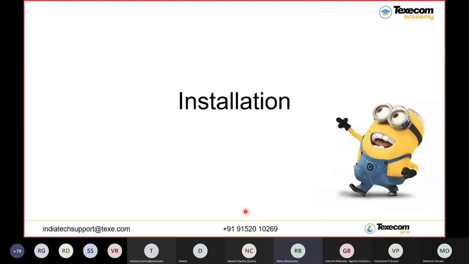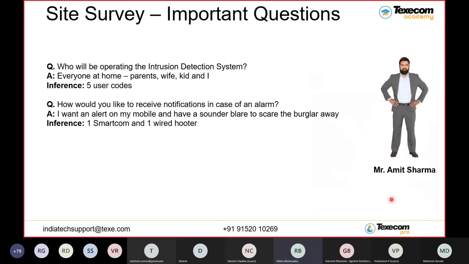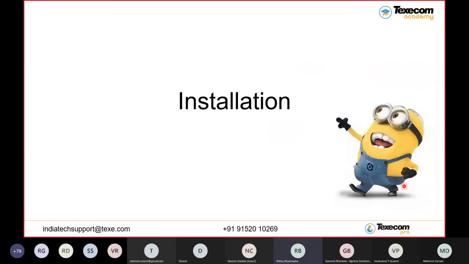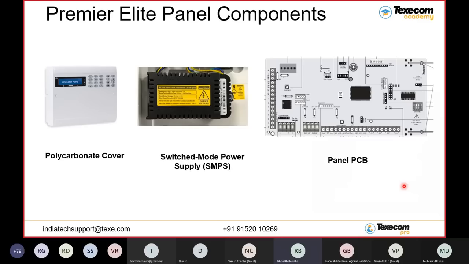So the site survey is done. The second important part is called installation, because after the site survey, we have concluded the products that need to be installed at Mr. Amit Sharma's house. So once we concluded the products, now we have to do the installation.